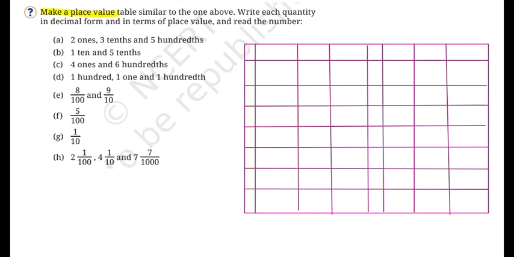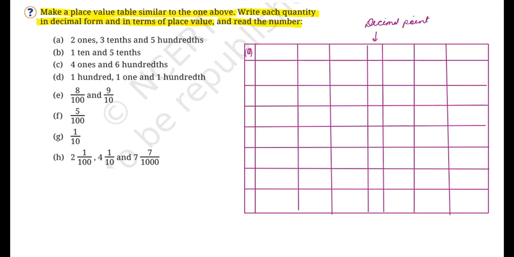Now make a place value table similar to the one above. Write each quantity in decimal form and in terms of the place value and read the number. I have just constructed a simple table. Let me give the names to this place. यहाँ पे हम ये पार्ट लिखेंगे. So this is the decimal point thing. I have made it short. आप एकदम exactly ऊपर से देख के उस तरीके का टेबल बना सकते हैं.